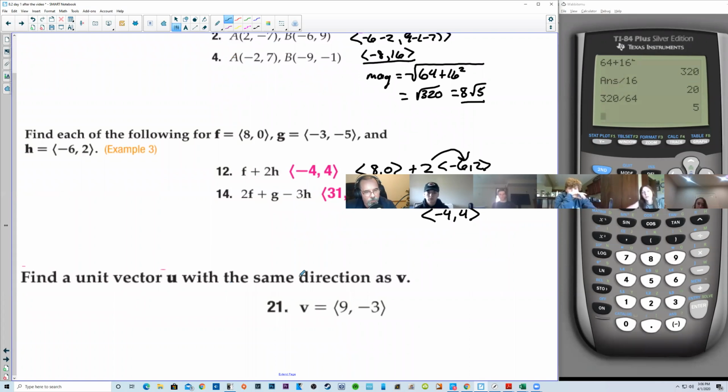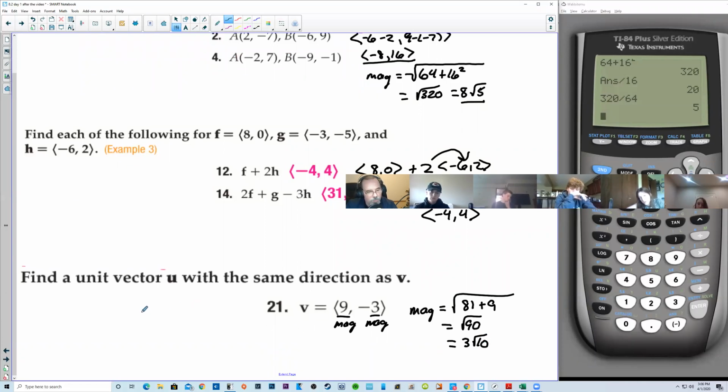Find a unit vector u with the same direction as v. We just divide each of these by the magnitude and maybe do a little bit of simplifying. So the magnitude is equal to the square root of 81 plus 9, the square root of 90, Pythagorean theorem, of course, which is 3 square root of 10. It's very similar to the one I did before.